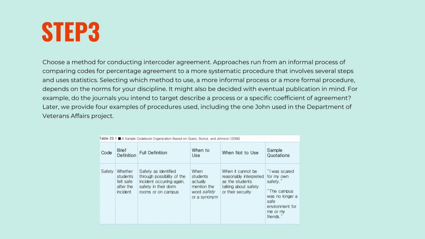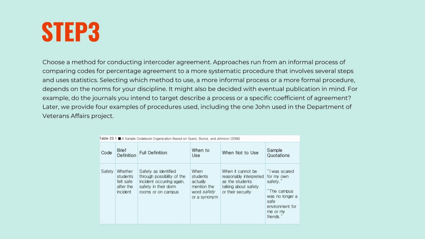It might also be decided with eventual publication in mind. For example, the journals you intend to target may describe a process or a specific coefficient of agreement. Later, we provide 4 examples of procedures used, including the one John used in the Department of Veterans Affairs project.